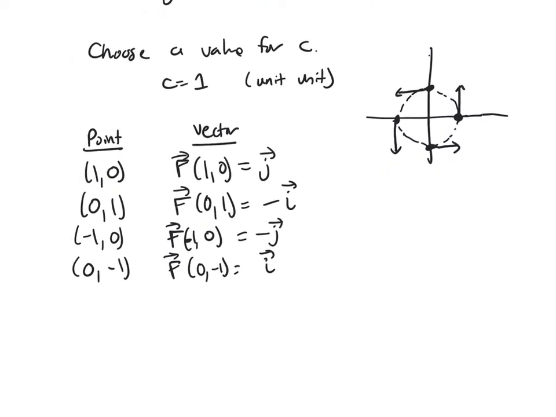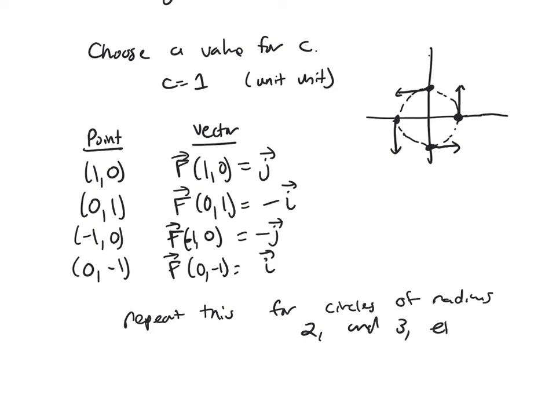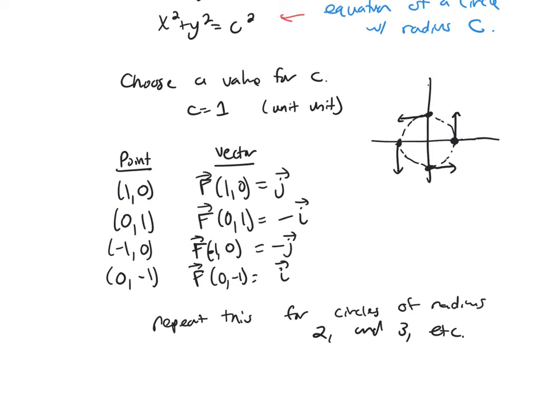I just did it for a circle of radius 1, but you can repeat this for circles of radius 2 and 3, etc. It's going to change the length of your vectors. So if you have a circle of radius 2 now, you're going to pick some points on there.